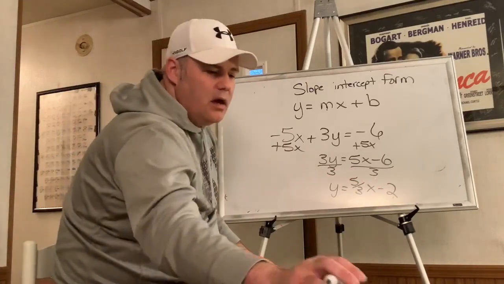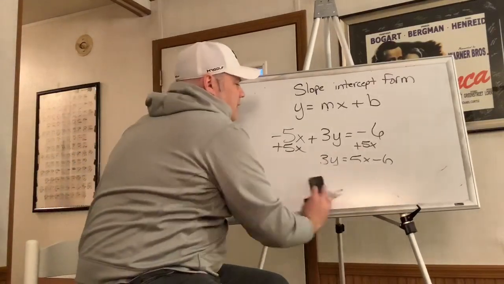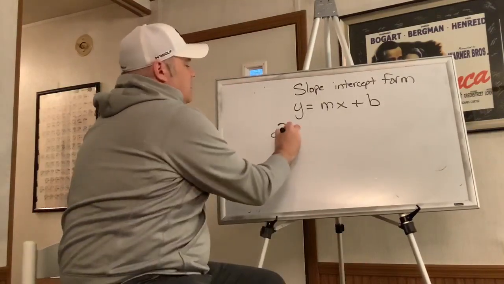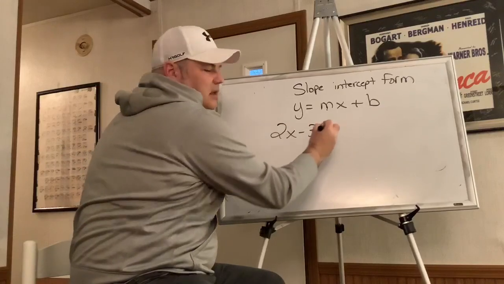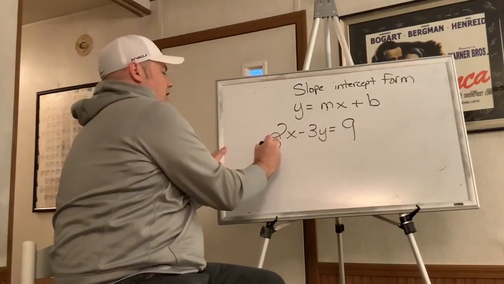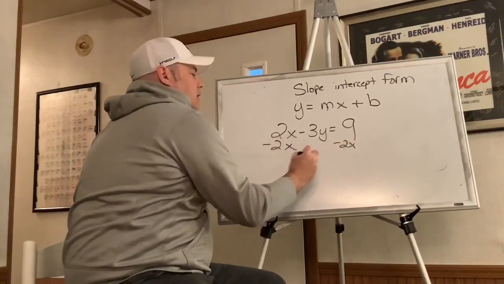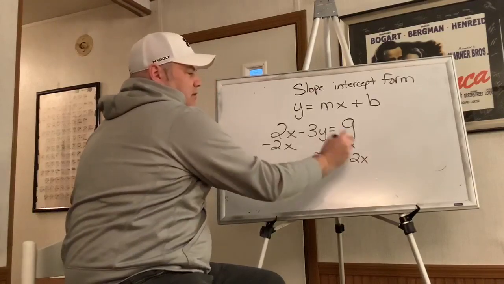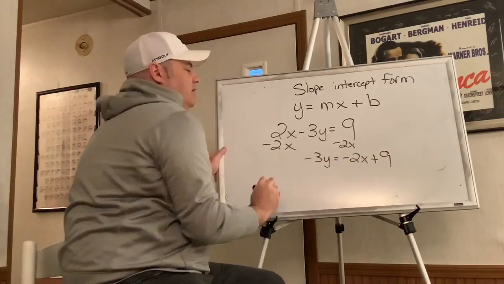Another one, that way you've got plenty of these. 2x minus 3y equals 9. So have it cut in line. It's negative. That's still a positive.